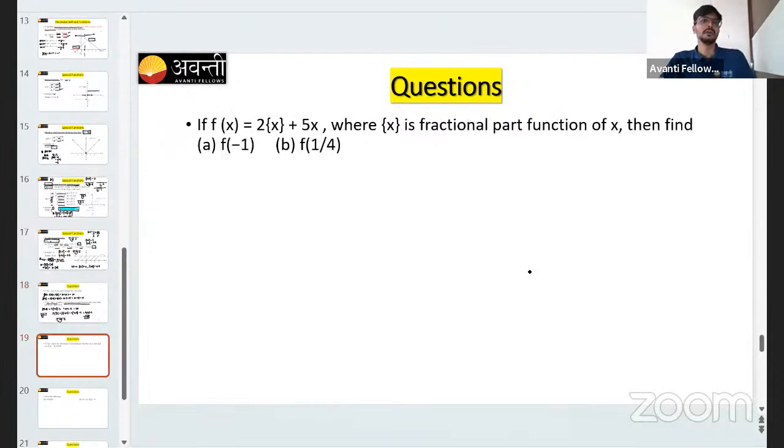Next, now here the third is obviously of fractional part.